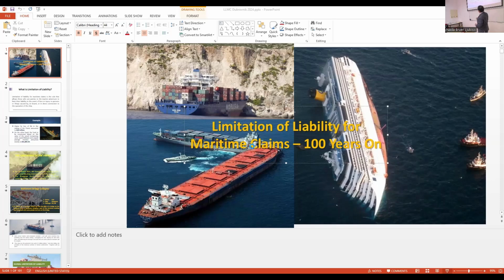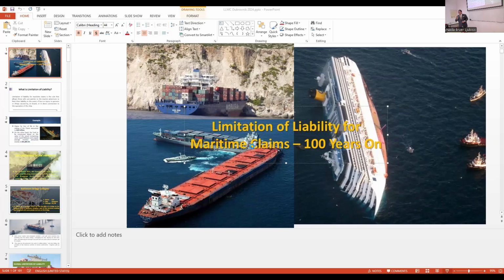I'm just going to go through them. 3.02 million for the first 2,000 tons, and then for each ton in excess, there are different stages, and you have to go through all of them. What is important to know is that these amounts for loss of life or personal injury are twice as much as those of any other claims. Those are the limits of liability: you have two limitation amounts, one for loss of life or personal injury, and one for any other claims.